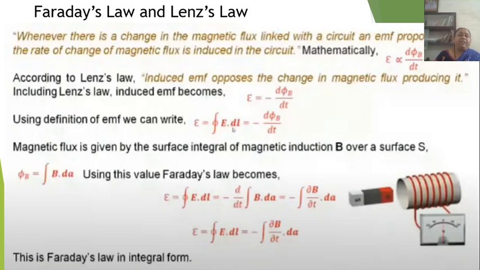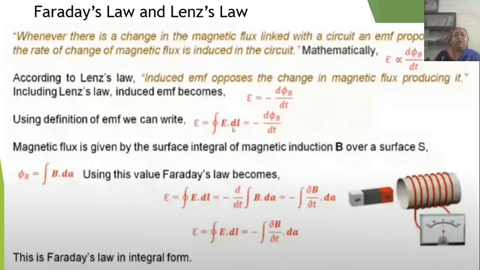Now, Faraday's law and Lenz's law. Whenever there is a change in magnetic flux linked with a circuit, an EMF proportional to the rate of change of magnetic flux is induced in the circuit. Mathematically, induced EMF is directly proportional to dΦ/dt. According to Lenz's law, the induced EMF opposes the change in magnetic flux producing it.